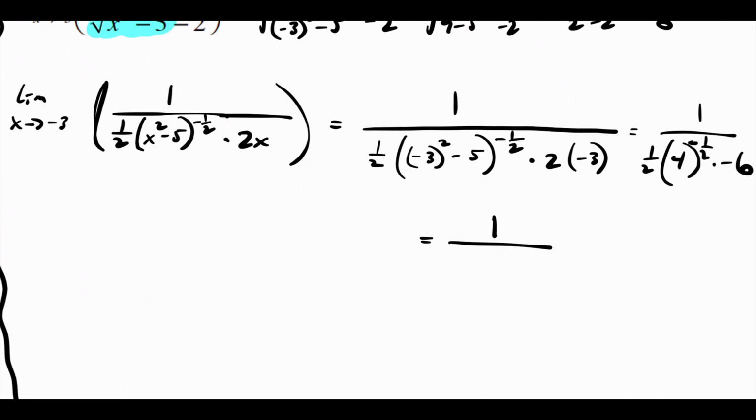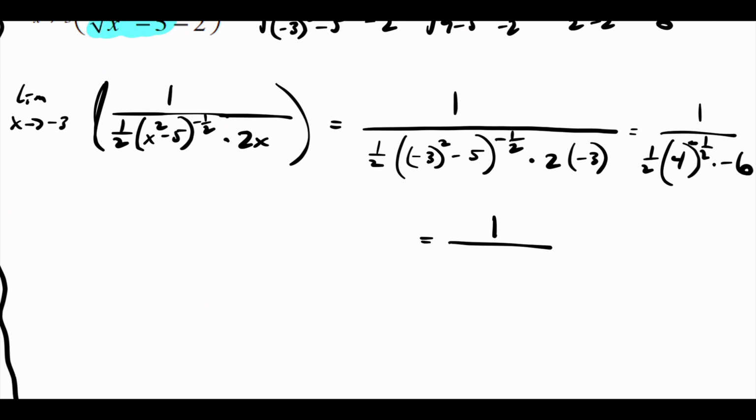What is 4 to the negative 1/2 power? So 4 to the regular 1/2 power. So what does 1/2 power mean? So this is what I'm trying to find. What is 4 to the regular 1/2 power?